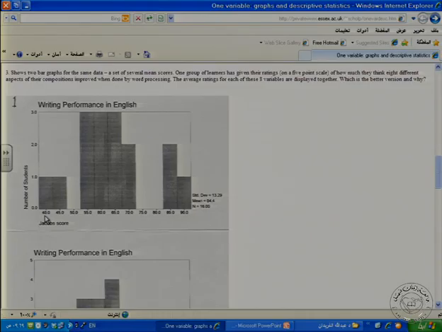So after you collected your data about your students' writing performance in English, you gave them an essay or a composition, and then you marked the composition, and you just want to know the performance. So you enter the data in your computer, one click, you get this graph about your students.